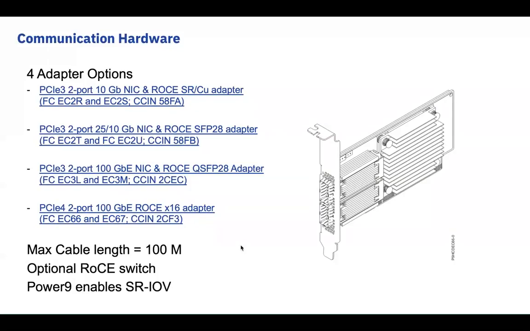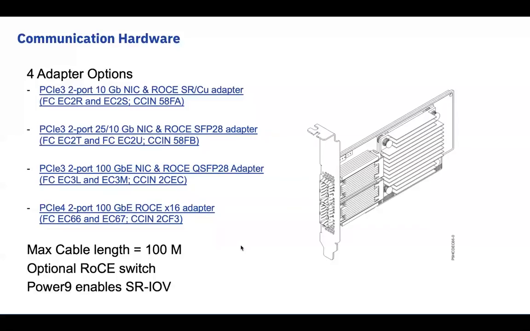The big difference between Power 8 and Power 9 is whether or not we support SR-IOV. Power 9 has the capability to take that adapter and, using SR-IOV, assign logical ports to separate partitions. So the same adapter can go to separate partitions without the VIOS. On Power 8, there's no SR-IOV functionality in the firmware for RoCE adapters.